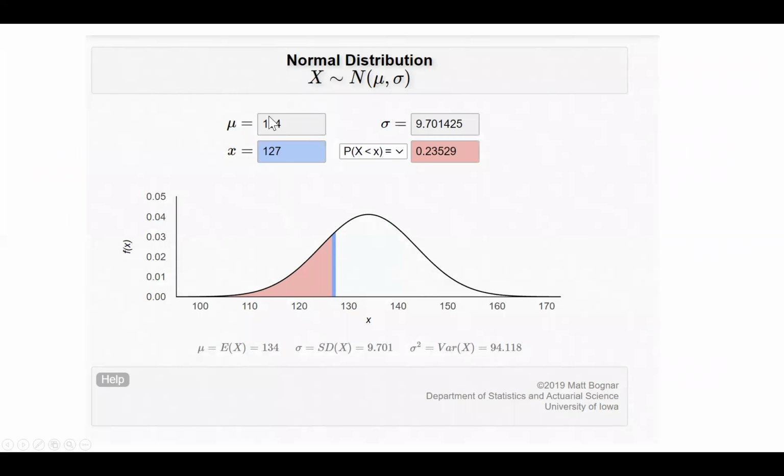I punch in 134, I punch in my standard deviation, including the sample size of 17, and I punch in 127. This time I want all the x's that are less than 127, so I flip this little key around. Boom, click. The graph shows me exactly what I want. I want the area right here, and the area is 0.23529.